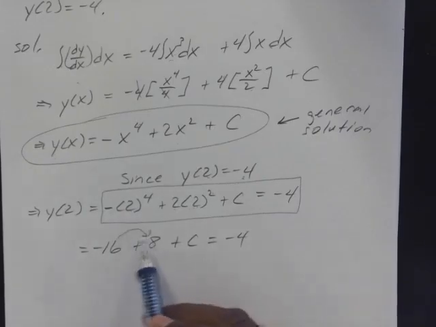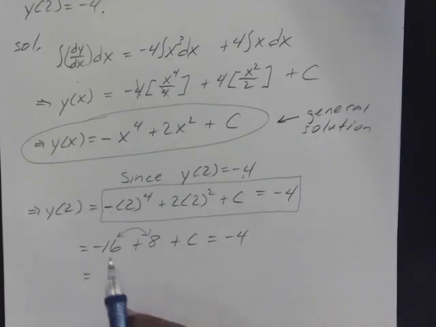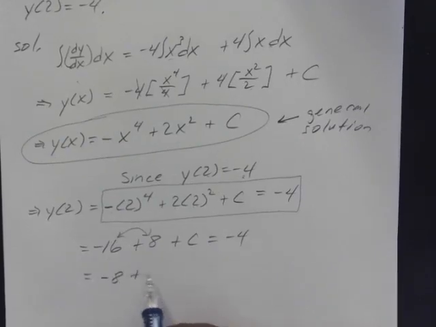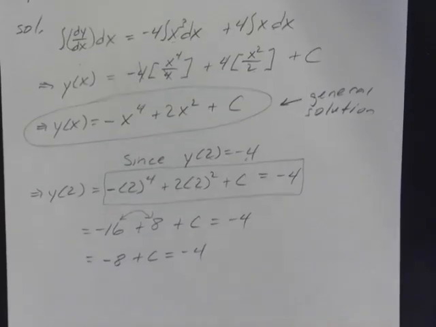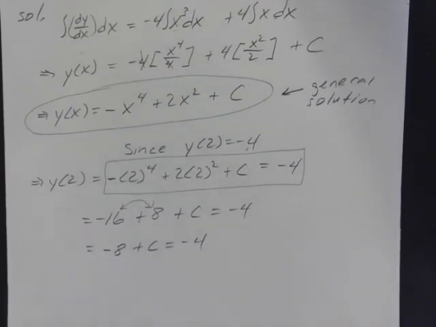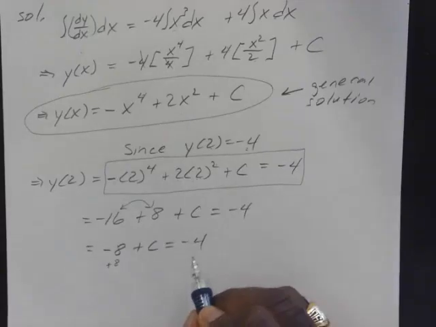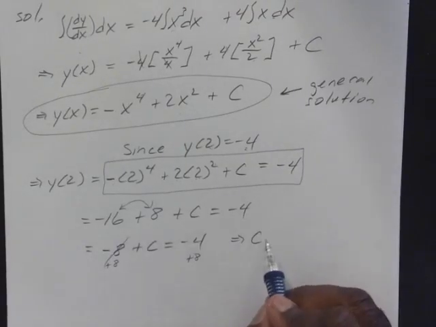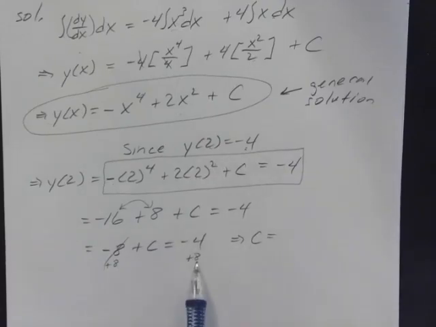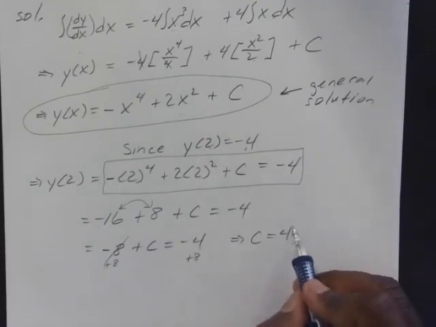So if we go ahead and combine those two, that gives us negative 8 plus c is equal to negative 4. So if we add 8 to both sides, that gives us c is equal to negative 4 plus 8, which is just 4.